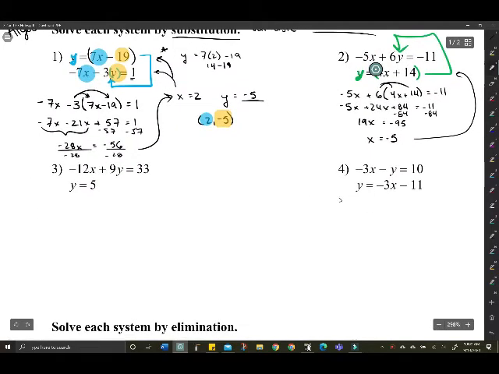Number 3. Oh man, this is an exceptionally easy one. y equals 5. Just plug it on in. Negative 12x plus 9 times 5 equals 33. You're like, wow, that was super duper easy. 9 times 5 is 45. 33 minus 45, negative 12, equals negative 12x.